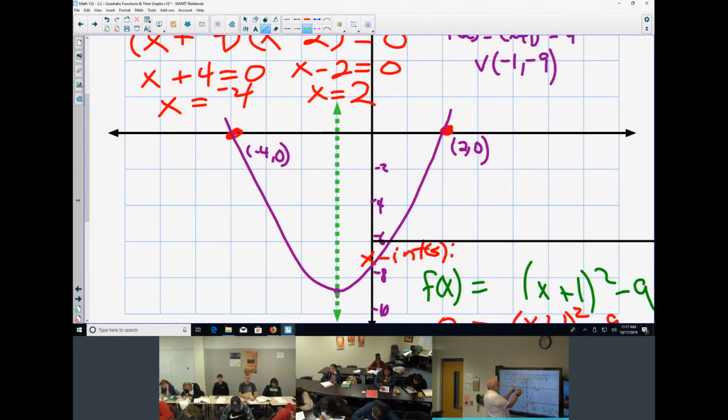Do you see how one x-intercept is the same distance from the axis of symmetry as the other? They're mirror images. So that's a way to check to make sure you didn't make a little mistake on those. Okay, any questions on that? All right, great job, Jill.